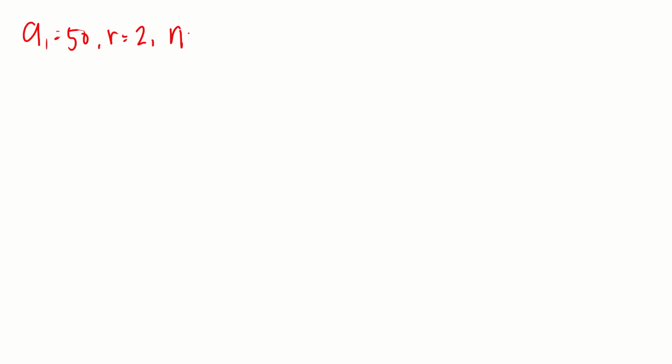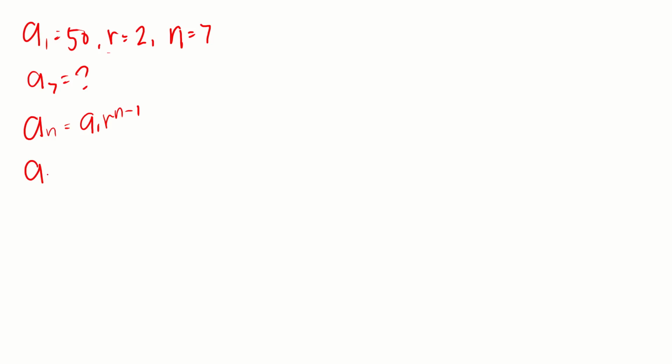N is 7. Now, ang hinahanap is A sub 7. So, anong formula? N term ng geometric sequence. Di ba we have A sub n is equal to A sub 1 times the common ratio raised to n minus 1.